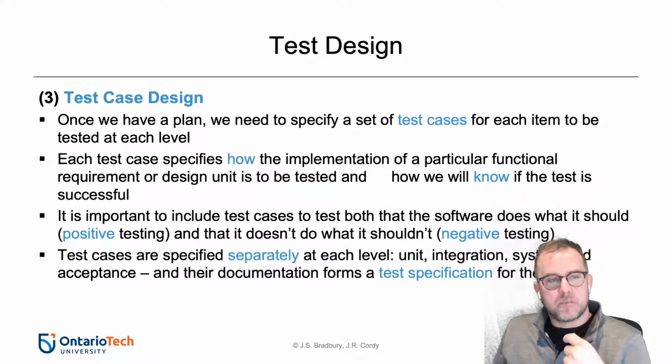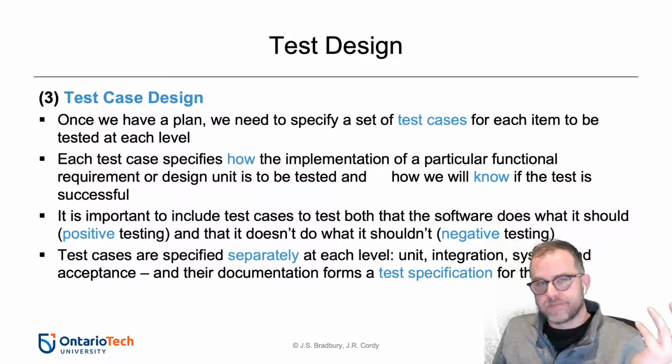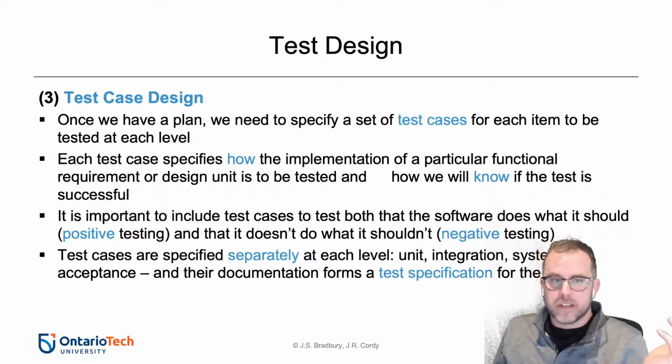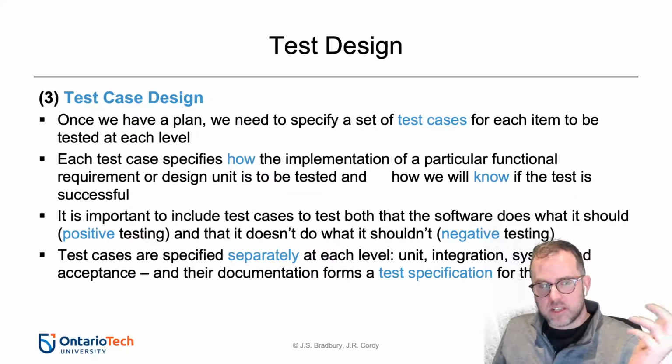Whereas you also may want to have negative tests, which test that it doesn't do what it shouldn't, right? So you may, for example, want a test that ensures a credit card isn't overcharged. Or you might want a test which ensures that when a booking is canceled, it doesn't delete the listing for the property.